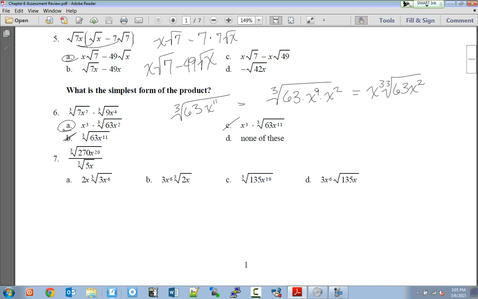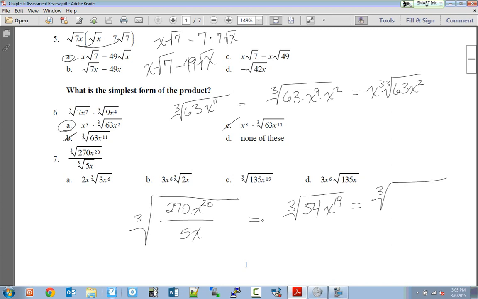Basically what we're going to do is change this into the cube root of the entire thing, 270x to the 20th divided by 5x. Well, 270 divided by 5 is 54. And x to the 20th divided by x is x to the 19th.